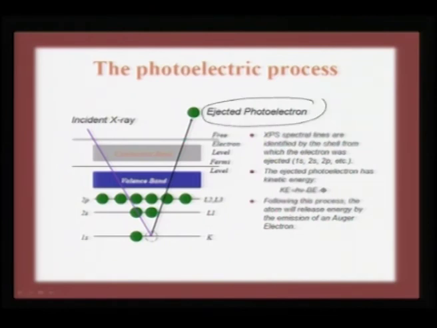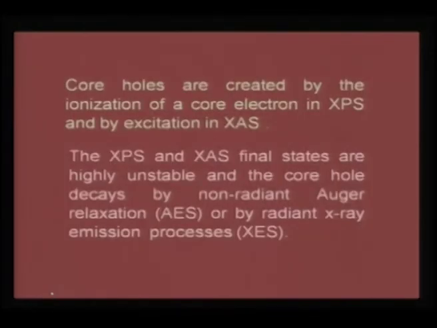The ejected photoelectron is what we are trying to map, and in the process you also have the Auger electron coming out from here. Now, to draw a parallel between XAS and XPS, I just want to make some comments.